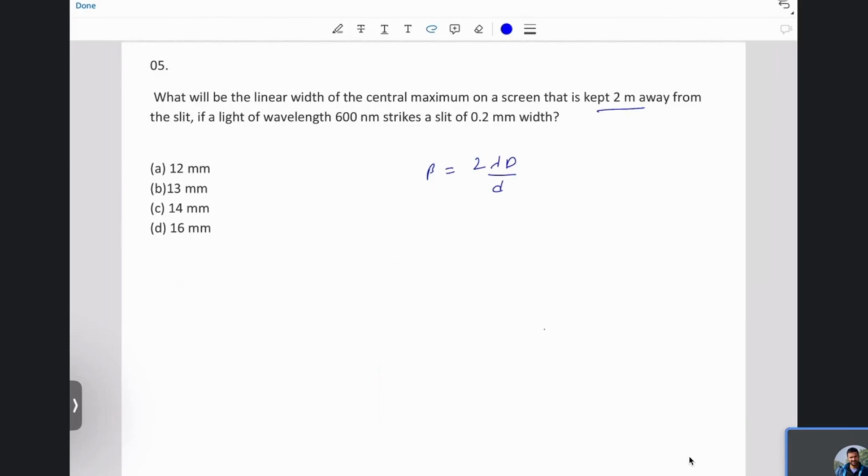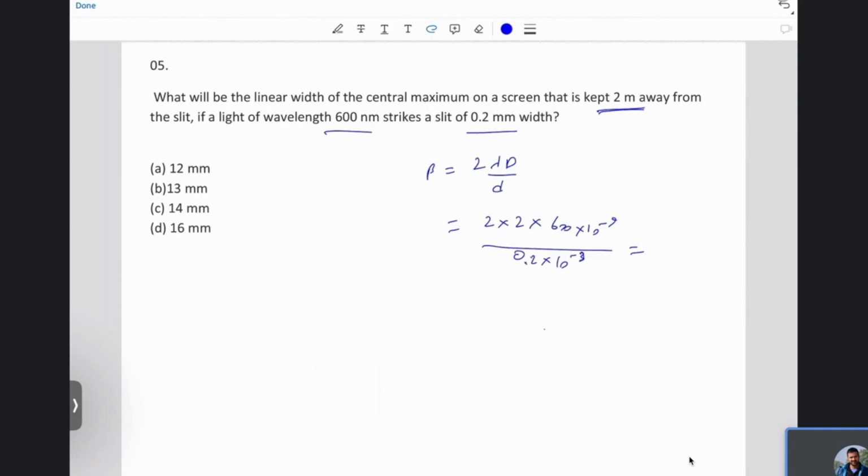And you know everything. Lambda is given, small d is given, capital D is given. So this problem is nothing much. Just put everything and calculate. 2 into 2 meter into 600 nanometer divided by 0.2 into 10 to the minus 3.